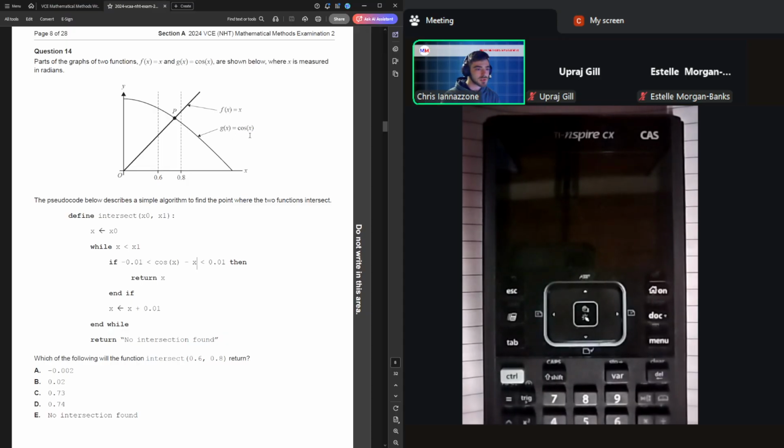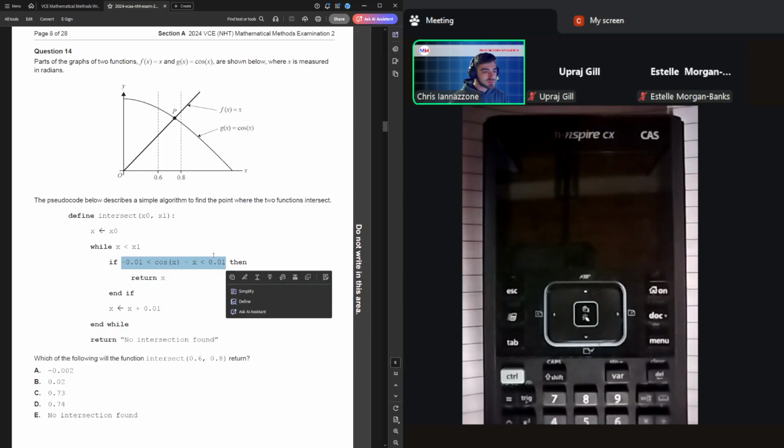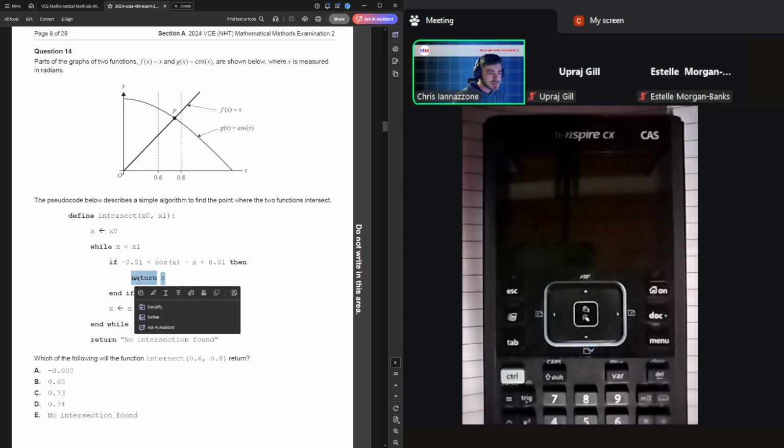You're finding out the y value of cos, the y value of x, and subtracting those two together, and that gives you the difference between the two of them. This is saying if the difference of y values is between plus or minus 0.01, we're happy. We're going to return x, which means the final answer is going to be whatever that x value was that we achieved.